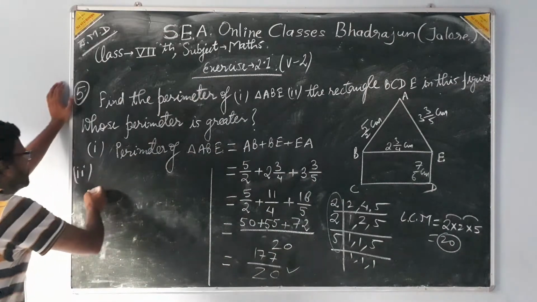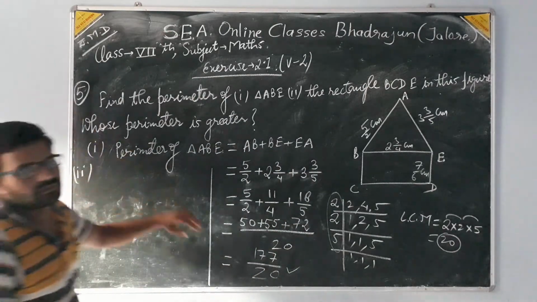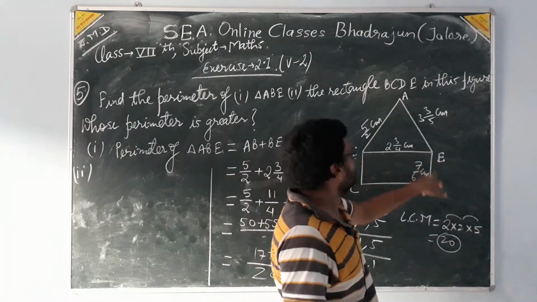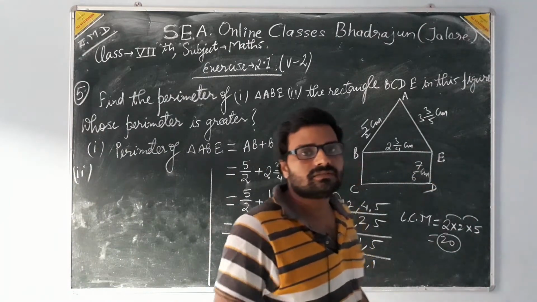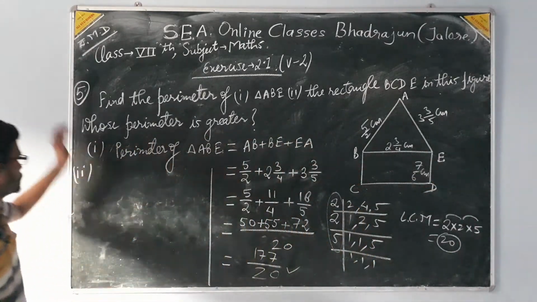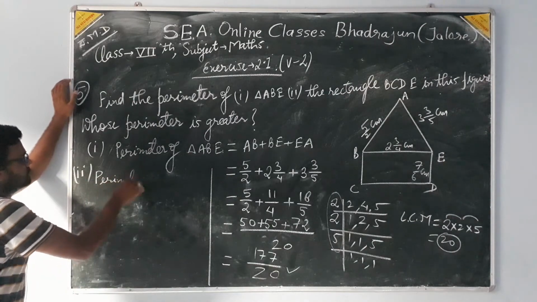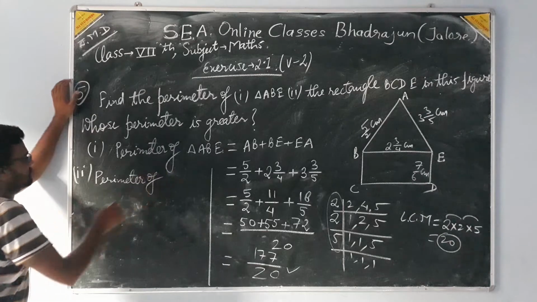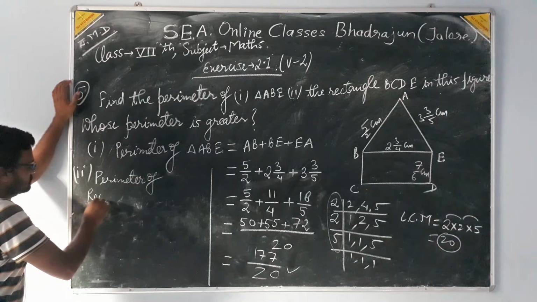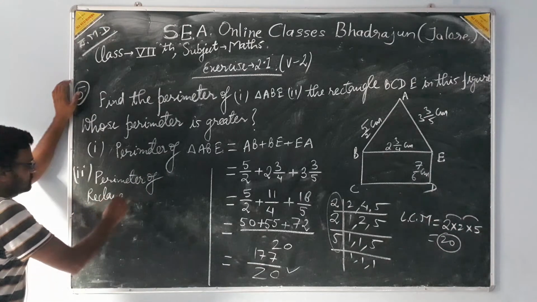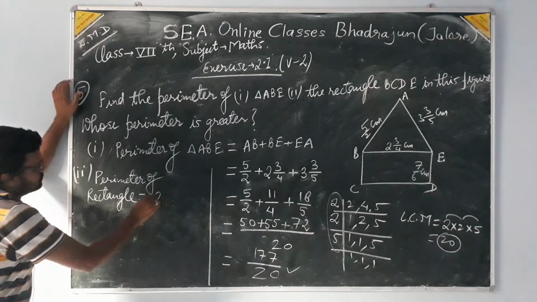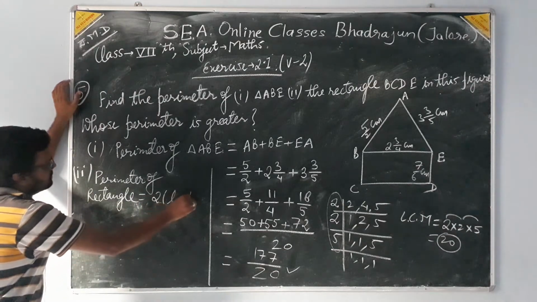Whenever we take the perimeter of this rectangle or any rectangle, the formula is: perimeter of rectangle equals 2 multiplied with (L plus B).